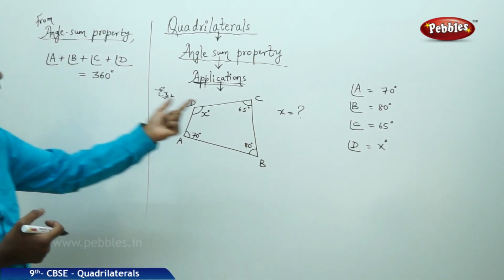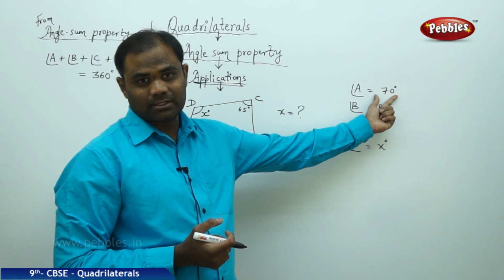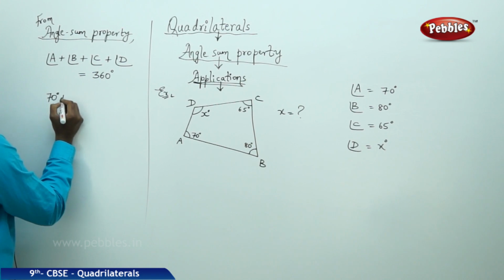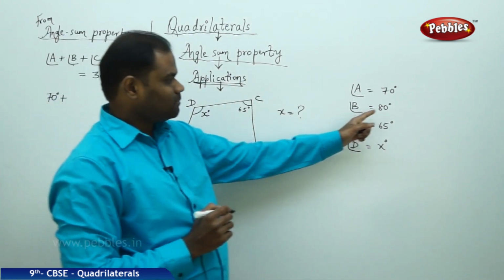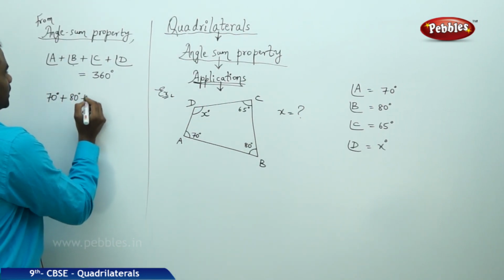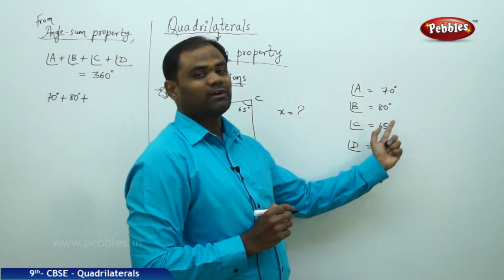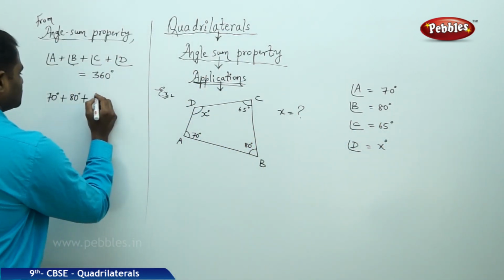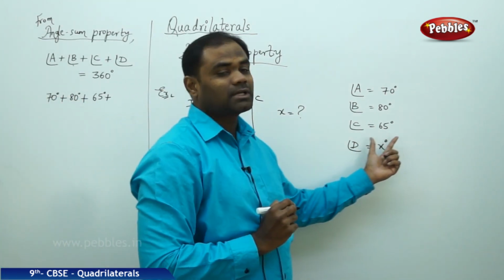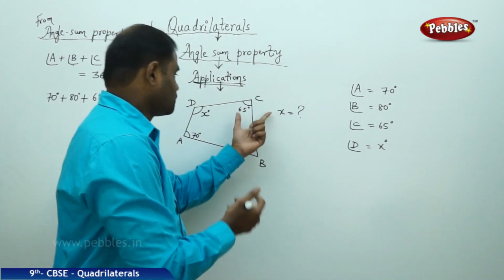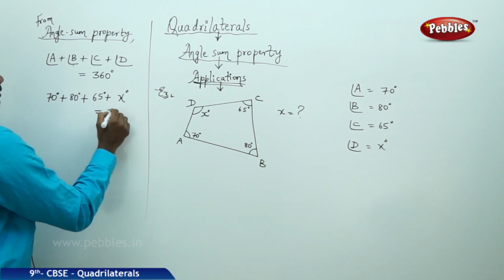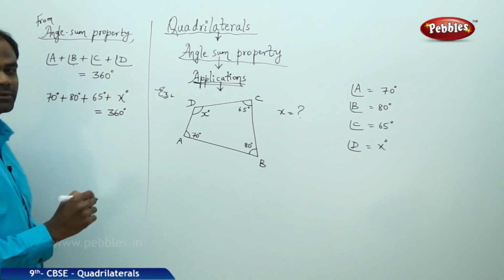So here for angle A, I substitute the value of 70 as given in the problem. So here I get 70, and then my angle B, which is 80 degrees, and my angle C, which is 65 degrees, and my angle D, which is X degrees, which I need to find, is all equal to 360 degrees.